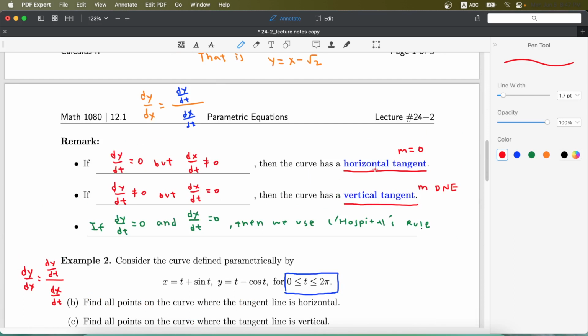Horizontal means slope equals 0. Vertical means slope doesn't exist. The worst scenario is when your numerator and denominator are both 0. Then you will have 0 over 0, which we call an indeterminate form.